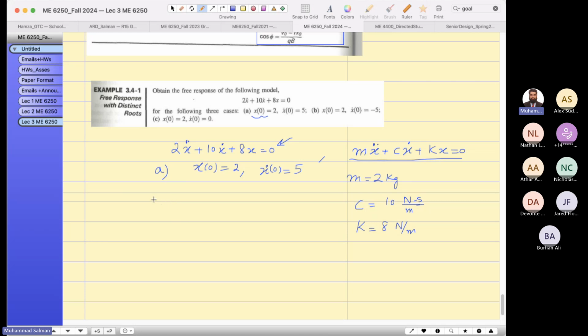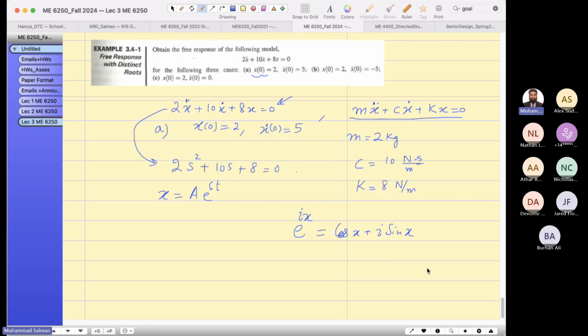So if you find the roots of this equation, if I go to MATLAB, I can write 2s square plus 10s plus 8 equal to 0, because I assume that x equals a e to the st, because e to the st is like a sinusoidal function, because you remember e to the i x equals cosine x plus i sine x.